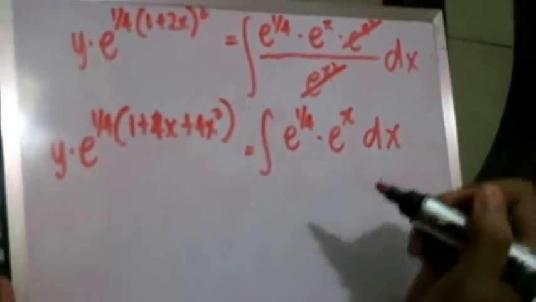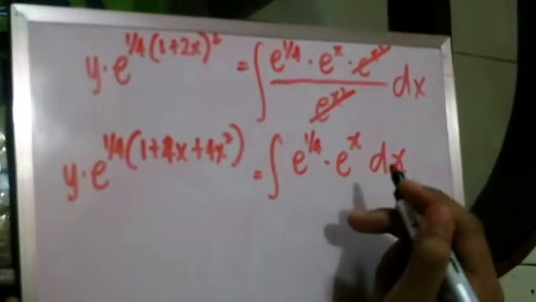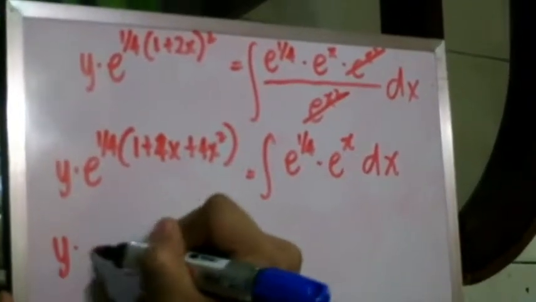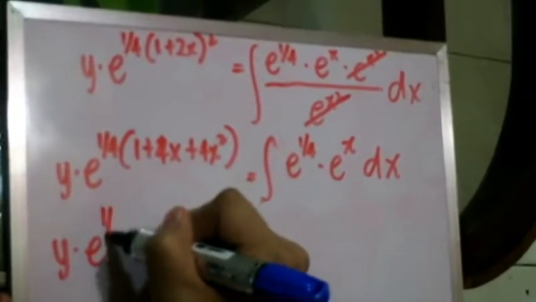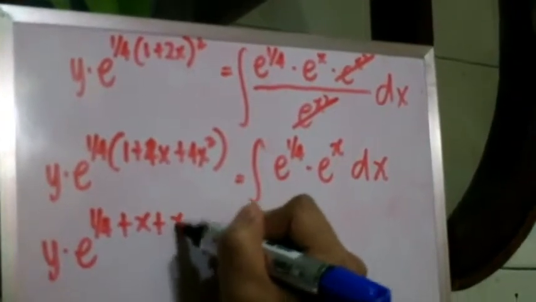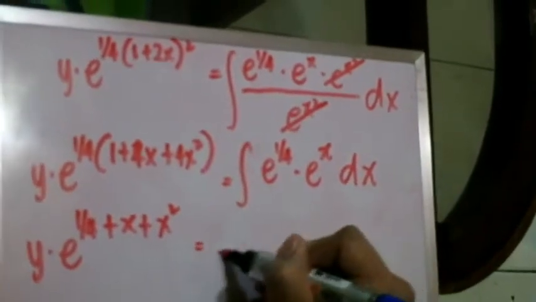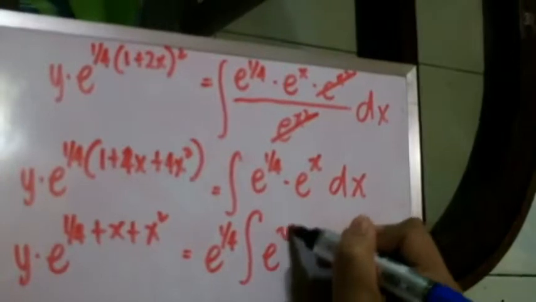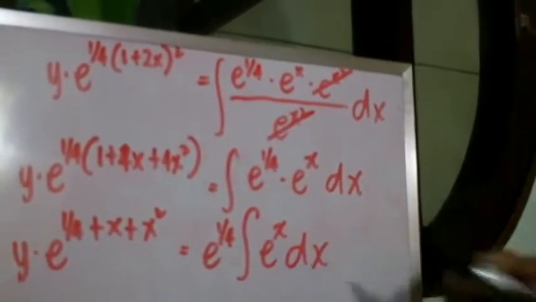Now, next is factoring out the e raised to 1/4 since it is constant. So, y times e raised to 1/4 plus x squared equals e to the 1/4 times the integral of e raised to x dx.